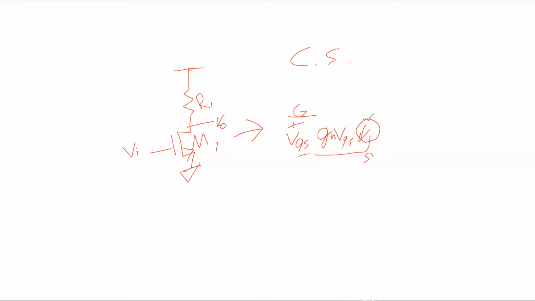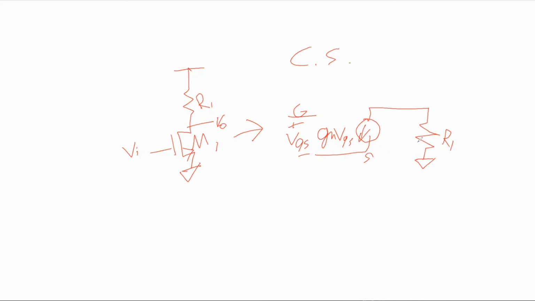And then you have your output resistance. Now, what's funny here is that this output resistance is actually going to ground. The reason for that is because this is small signal analysis, also sometimes called AC analysis.